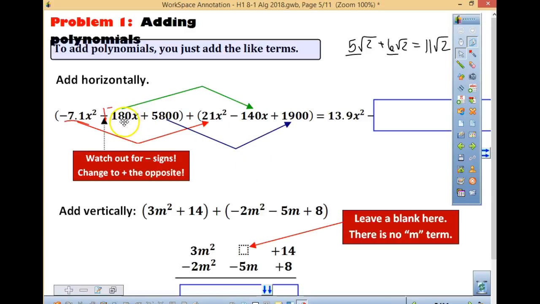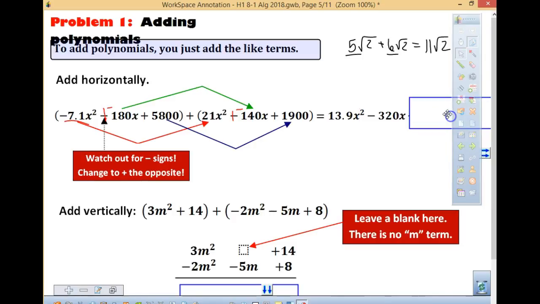Now on your calculator, you're going to put a negative 180 plus a negative 140, or minus 140. As we add those together, or actually subtract them, however you want to think about that, negative 320, right? And then I'm taking 5,800 plus 1,900.